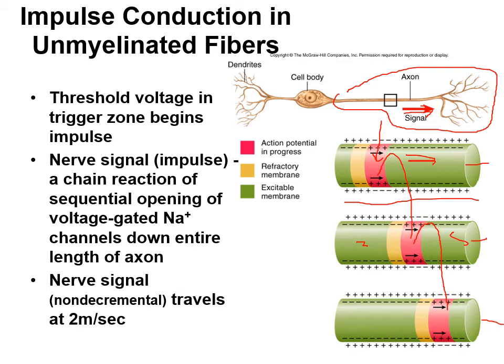You have a little yellow area. The yellow area is the refractory period, or the refractory membrane, I should say. So this is the time that the cells have to reset themselves real quick and get ready for the next set of stimulation. All right? So the refractory period follows right behind the action potential.